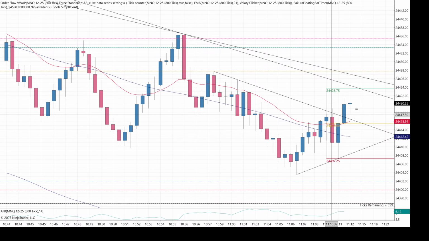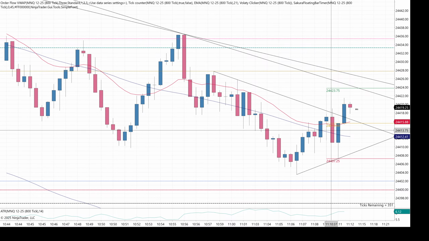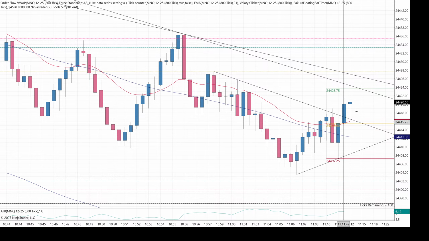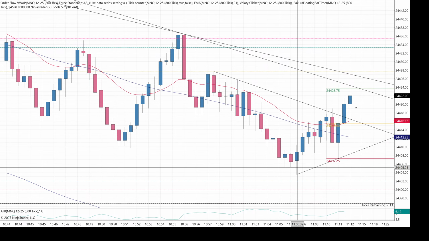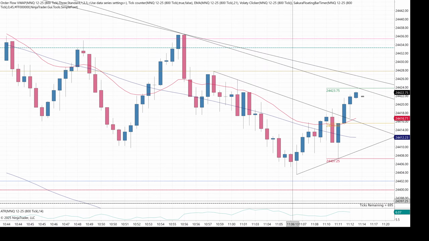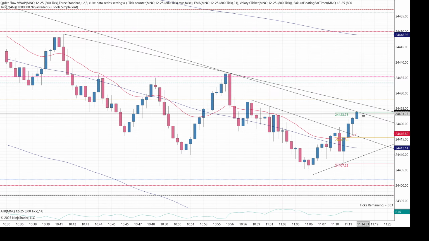I'm not sure I like the bullish trade. This is what I was hoping this candle would do here.